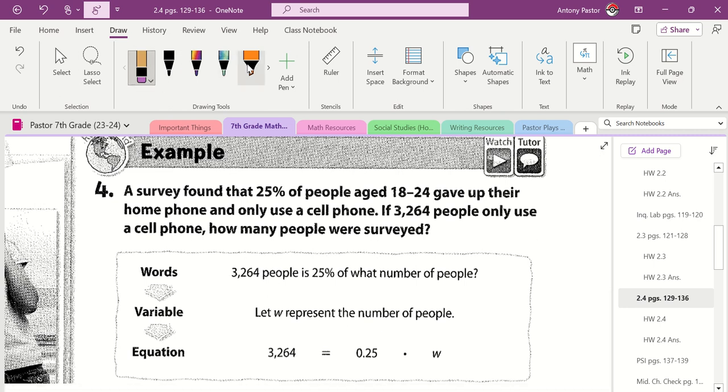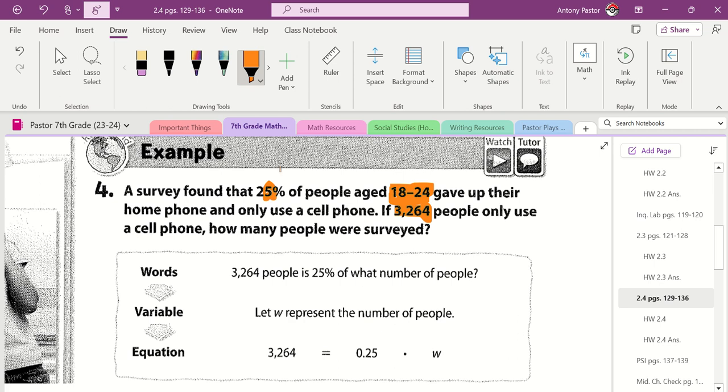So again, we're assuming that they had gone ahead and surveyed just people 18 through 24. And 25% of those people only use a cell phone. If 3,264 people only use a cell phone, how many people were surveyed?